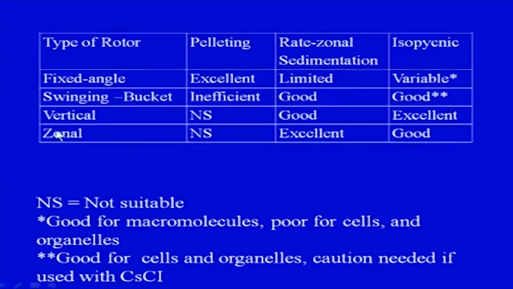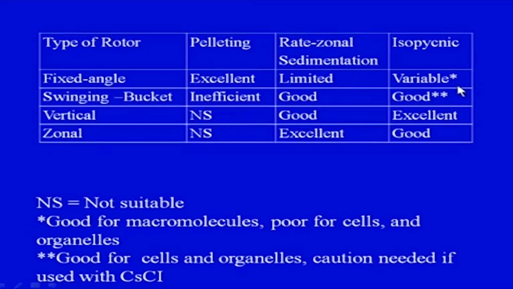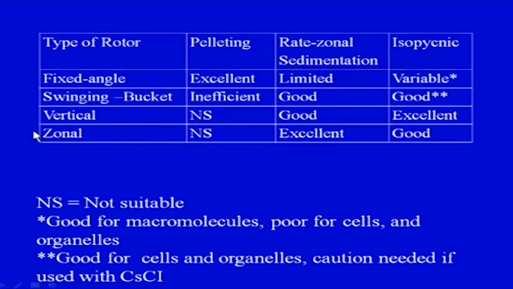So, if we summarize the different types of rotors and their use: the fixed angle rotor is excellent for pelleting, but limited for rate zonal sedimentation, and isopycnic could also be utilized, though it is not compulsory. Swinging bucket rotors are not very efficient for pelleting as such, but are good for rate zonal or isopycnic sedimentation, that is density gradient centrifugation. The vertical rotor is not suitable for pelleting, though a swinging bucket could be utilized for pelleting.